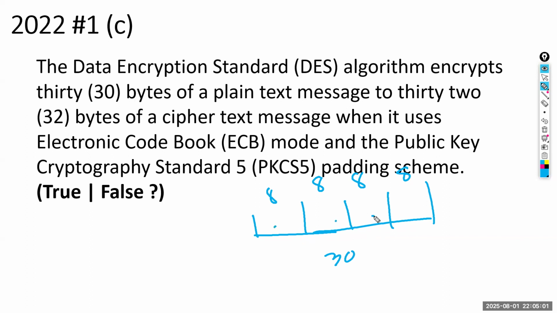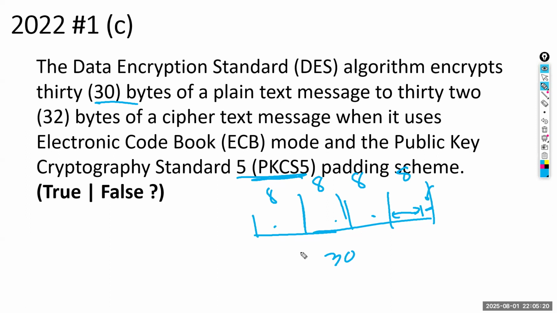So 8, 8, 8, 24. Now you have 6, but 6 is not your block size. So therefore PKCS will add 2 bytes to make it 8 byte. Right? So now your plain text is effectively 32 byte, though it's actually 30 byte, because of the padding.